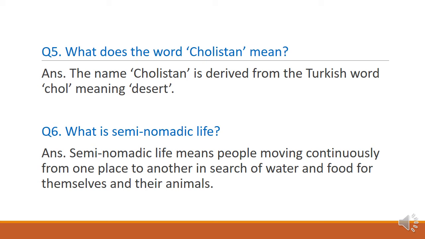They live for some time in a place, they get food and water, but when they run out of these things, they migrate to another place. So this is what semi-nomadic life means, so that they can survive.